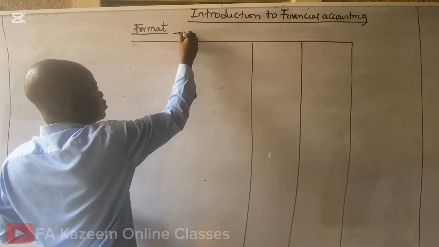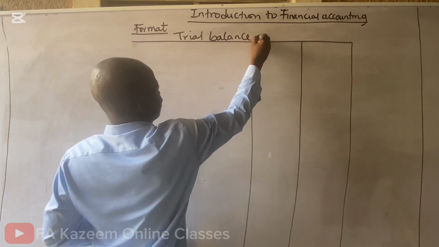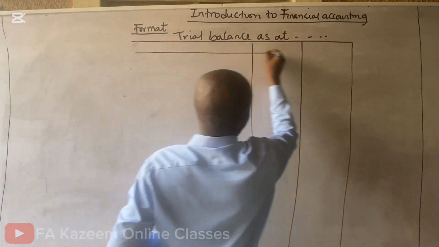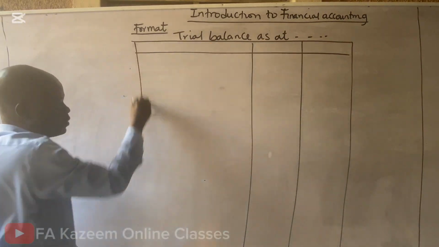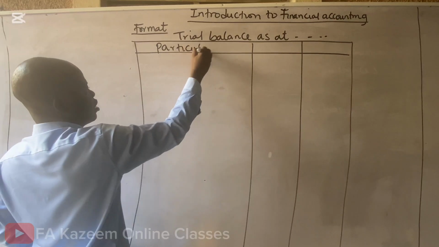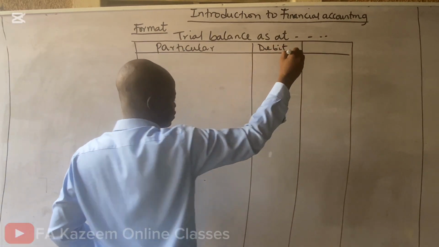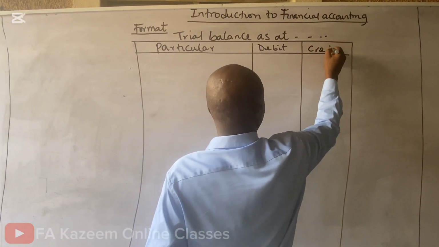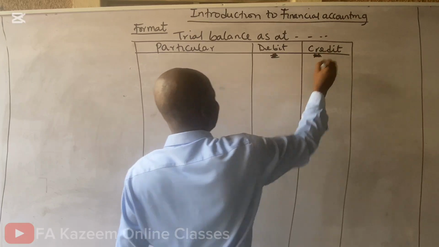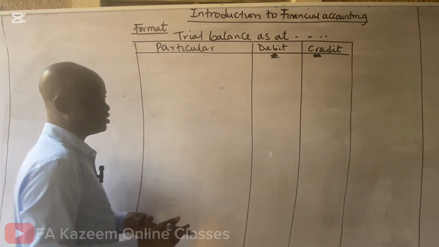We call it trial balance as at a date. And this is the format. The format of a trial balance has a particular debit and credit. While extracting from ledger to trial balance, there are some rules that let you know whether you are getting it right or you are getting it wrong.